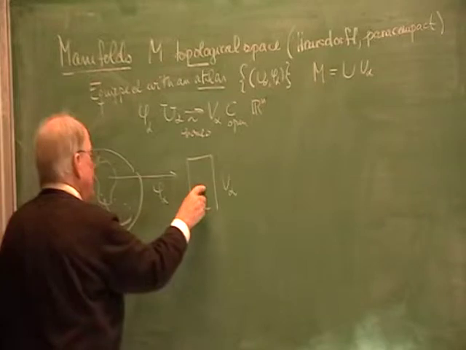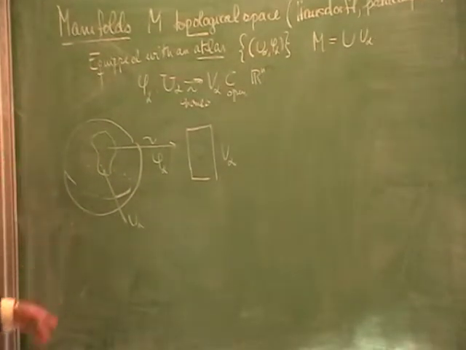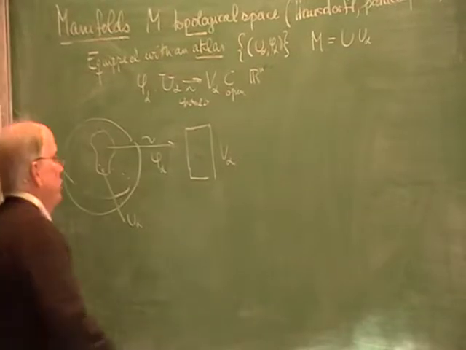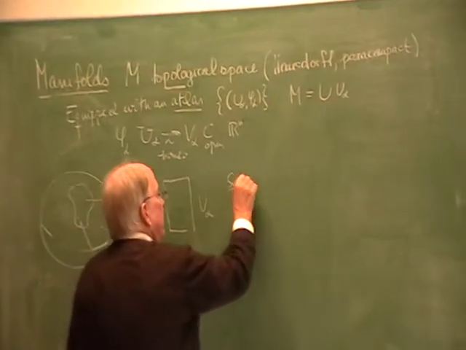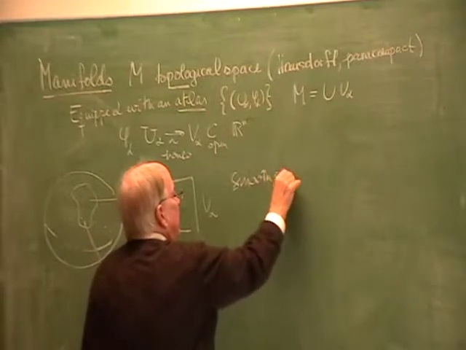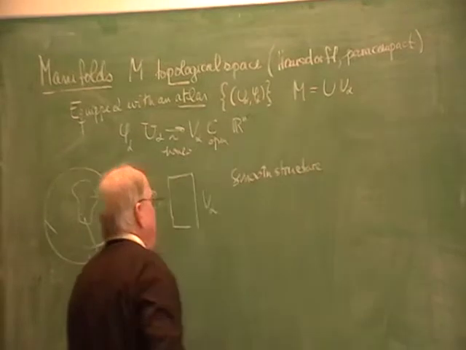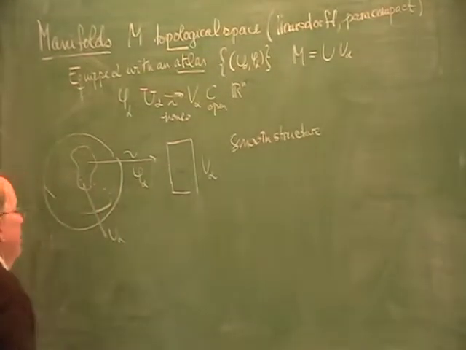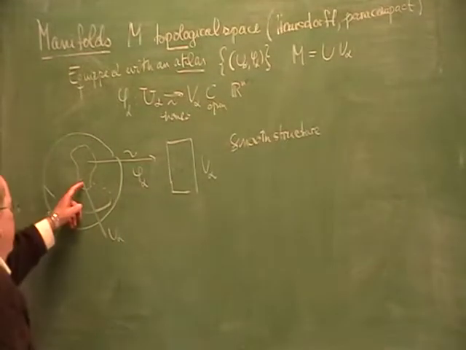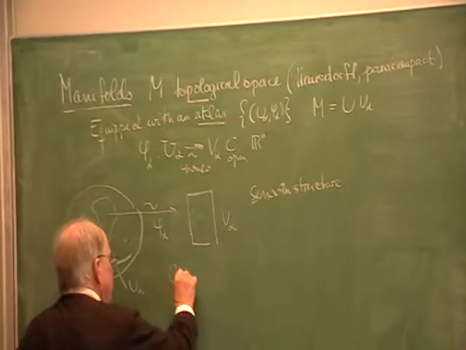And I'm constantly saying diffeomorphism because this thing has a smooth structure. And when I use the word smooth, I mean C infinity. Key being that these coverings are compatible, so the change of coordinates is in fact smooth.